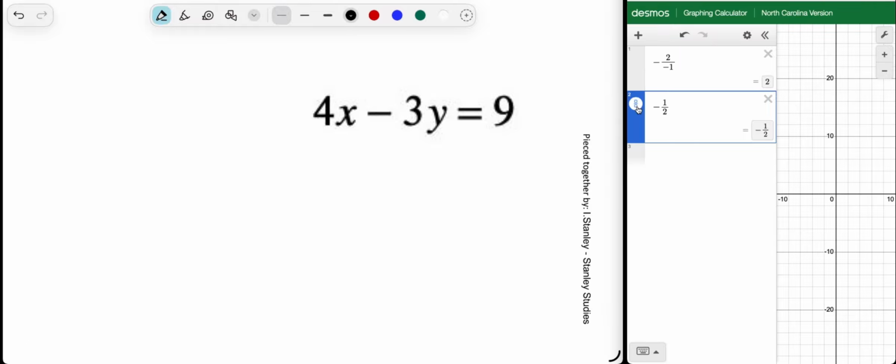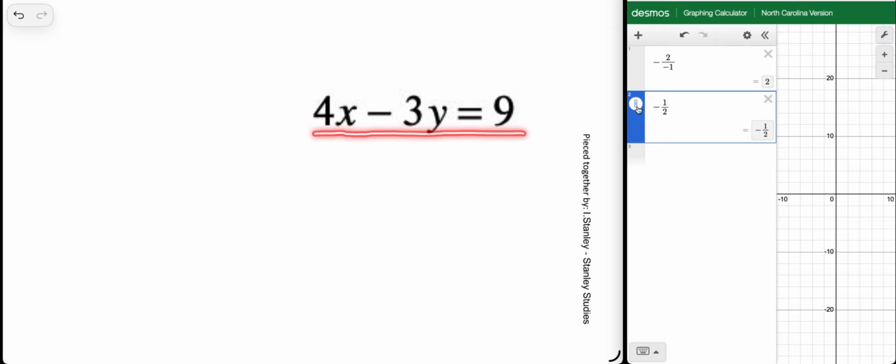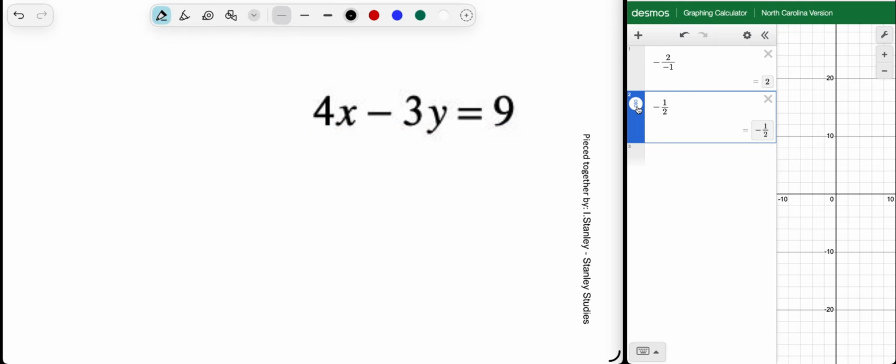So in this example, we have 4x minus 3y is equal to 9. So again, we're going to take the number that's in front of the x and put that at the top. If it was a negative number, I would put a -4, okay? So you take the number and the sign with it. And then I'm going to take this -3, and we're going to put it at the bottom of the fraction.